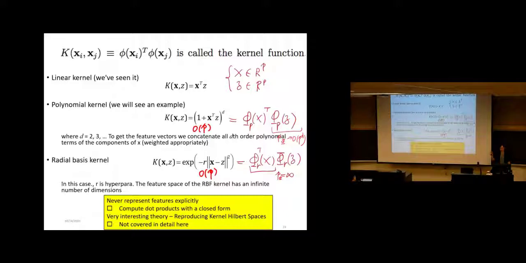There's reading material about that, more like asymptotic behavior: how many n are necessary to help me learn a good classifier? All right, so we don't compute phi-x explicitly because of computational efficiency, and also because for some kernels you can't even have phi-x explicitly at all.